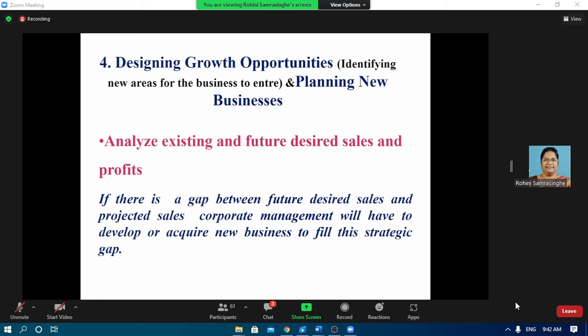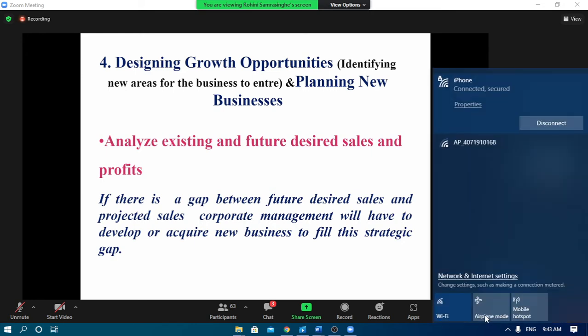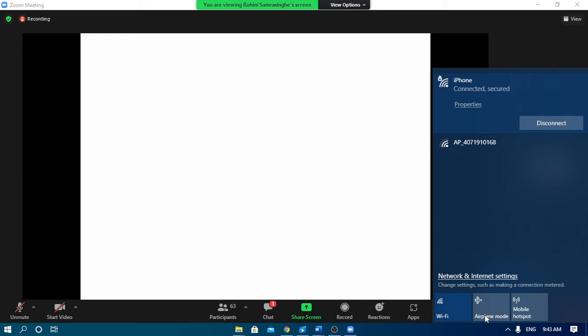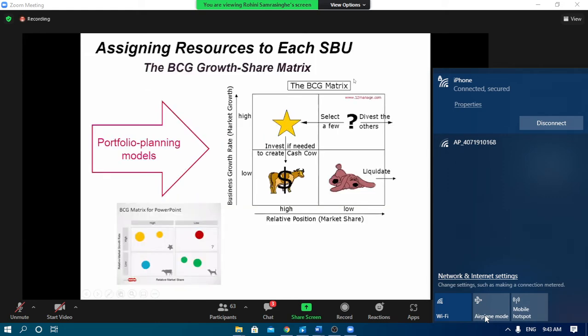To evaluate and assess SBUs, a company normally uses different business portfolio analysis models and formulas. Especially from a marketing perspective, we discussed SBU analysis, the business portfolio analysis relating to the BCG matrix, right? I think you can remember. Here you learned BCG matrix related information.